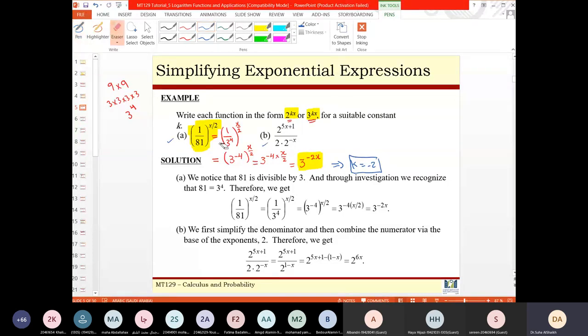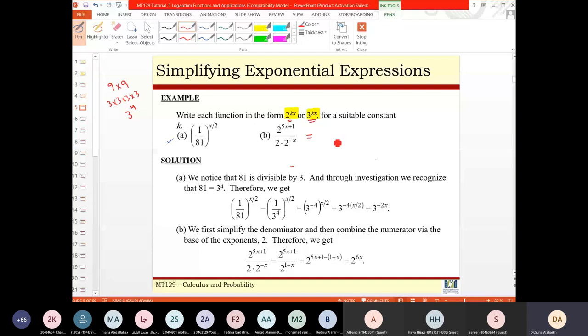Let's check the second example now. Is this one clear? I'm going to erase everything. I need a space. So the second one, it's a 2's. I have 2 to the power 5x plus 1 and down there I have 2, this dot means multiplied with 2 to the power minus x.